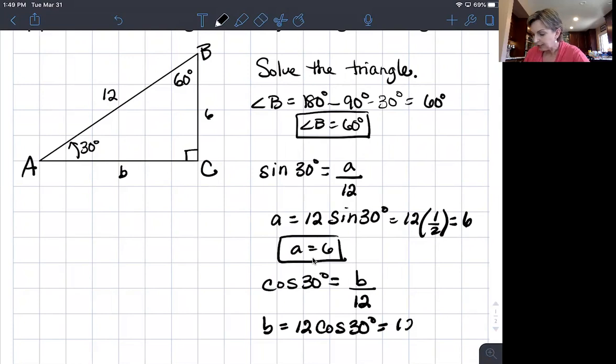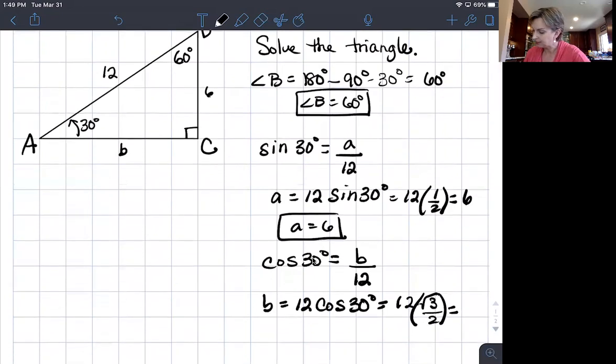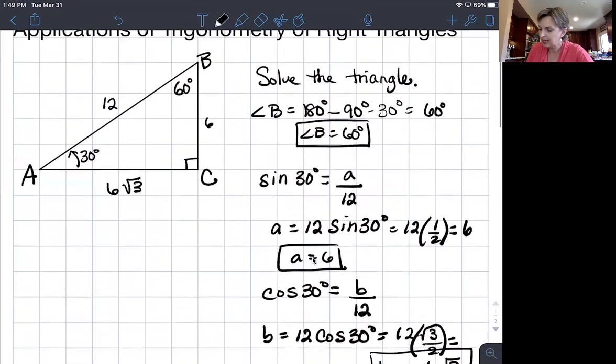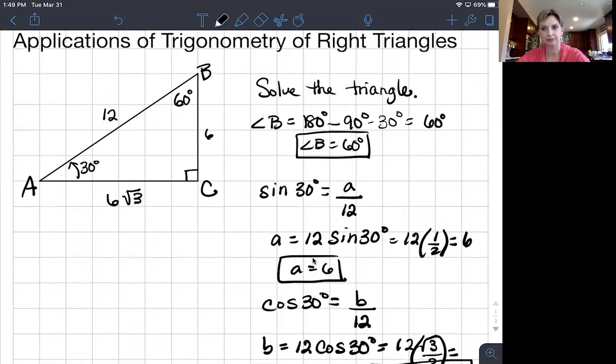The cosine of 30 degrees we got in that last video, and we put it on that table for you to use, and it was the square root of 3 over 2. So that simplifies to 6 square root of 3. If we want, we can put that on our triangle, 6 square root of 3, and that triangle is completely solved now.